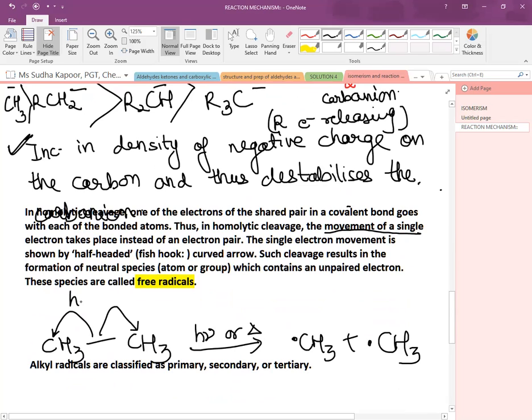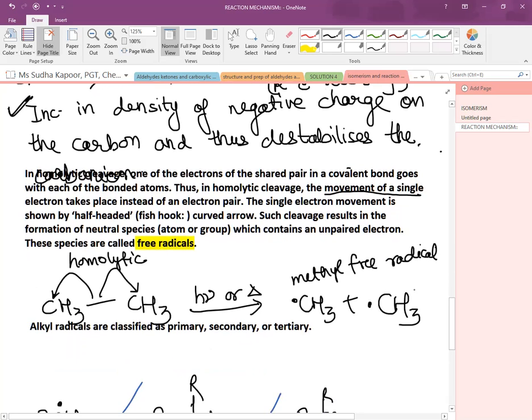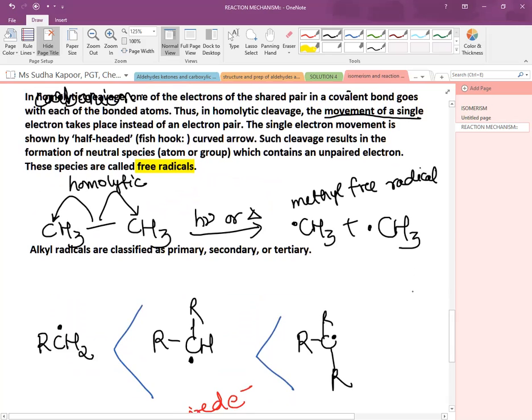Homolytic fission takes place, and the bond is equally divided in both of these parts. So each of the methyl groups gets a dot or an electron, and these are known as the methyl free radical.